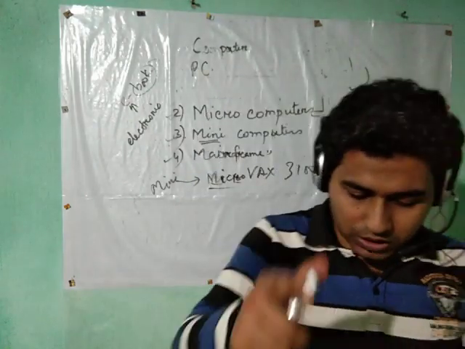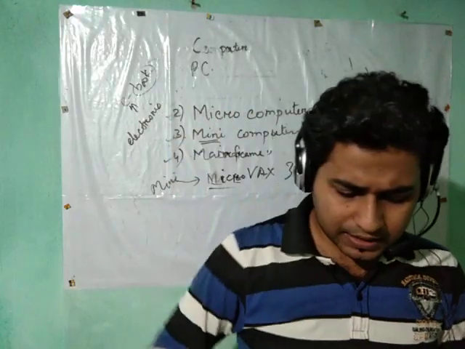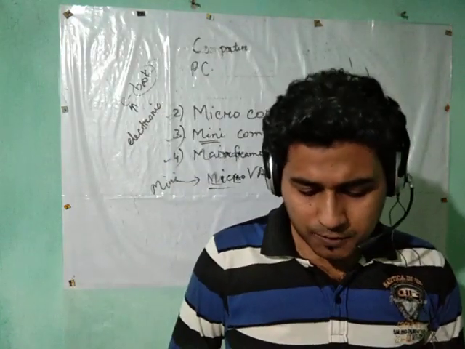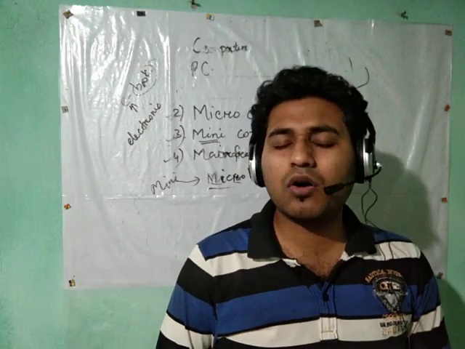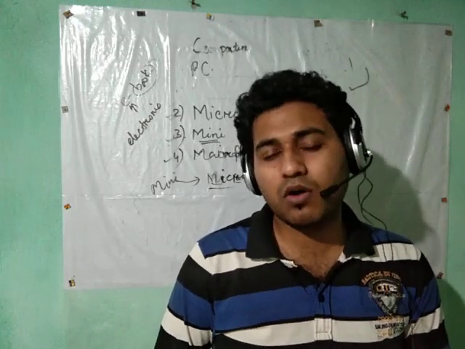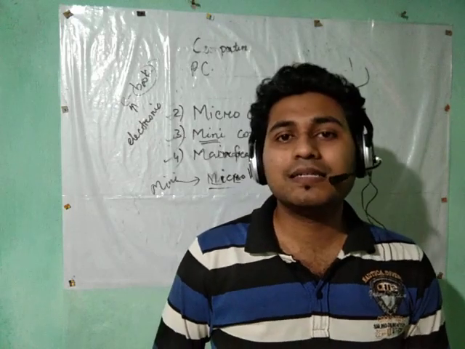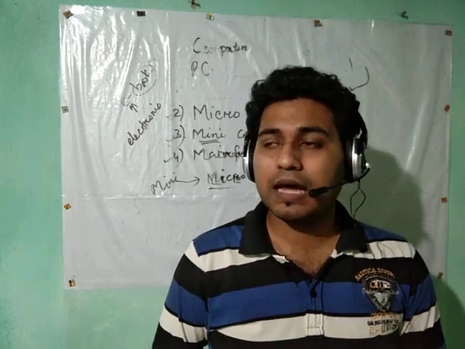Government organizations and large industries use them for work that requires a lot of numeric calculations. Where lots of numeric calculations are going on, they normally need what? Faster computers.